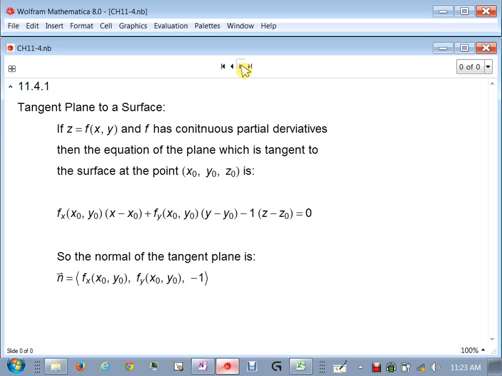Then the equation of the plane, which is tangent to the surface at a particular point on the surface, is given by this equation right here. And then the normal vector of the tangent plane is this.